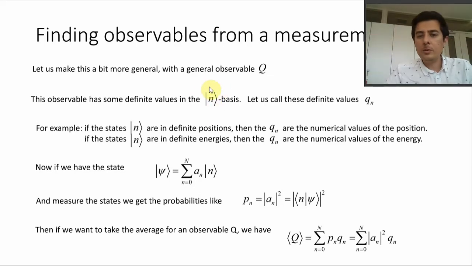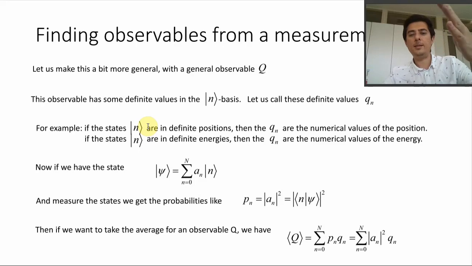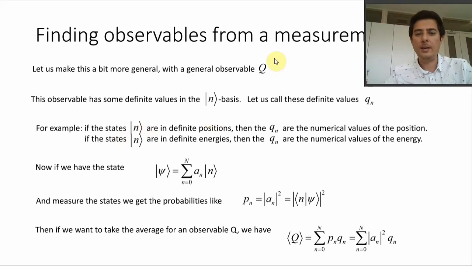And those states have the numerical values Q, which are the numerical values of the energy. Then we can extend this to any kind of observable, like momentum or angular momentum, or anything that you like, right? So there are some particular states with definite properties, and that's what this Q is here.